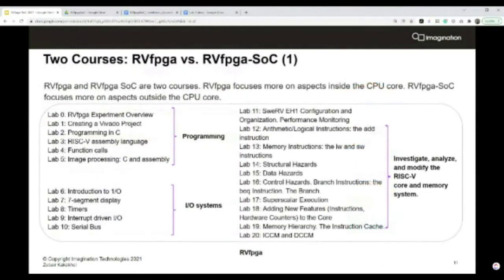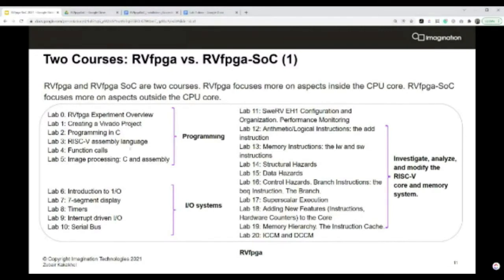So there are actually two courses by Imagination in this area, the RVfpga and RVfpga-SoC. RVfpga is the first course. This one particularly focuses on aspects inside the CPU core and the I/O.